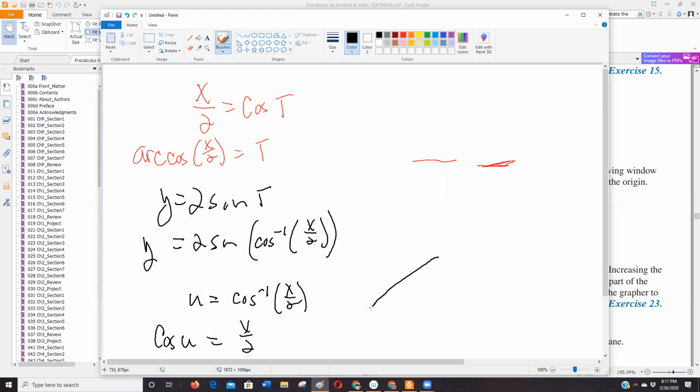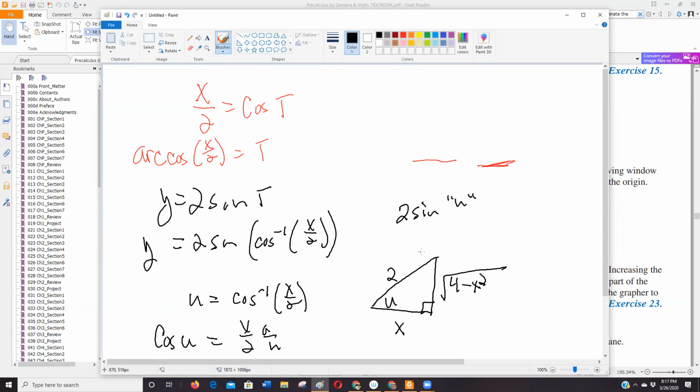To link it back to what we did earlier, if this is angle u, and we know the cosine is adjacent over hypotenuse, we know this is x, we know this is 2. So using the Pythagorean theorem, we get the square root of 4 minus x squared for that side. And we want to evaluate 2 sine of u.